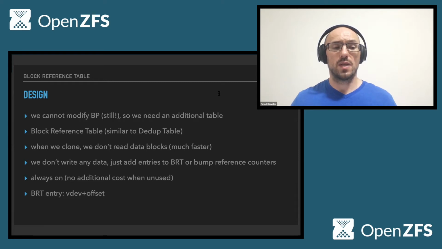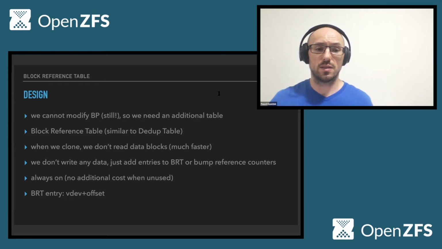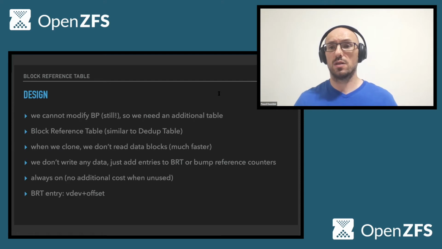And I hope that this feature can be always on. So I would prefer not to have a special property just for that, because as I mentioned, if you don't use this feature, there is no additional cost.